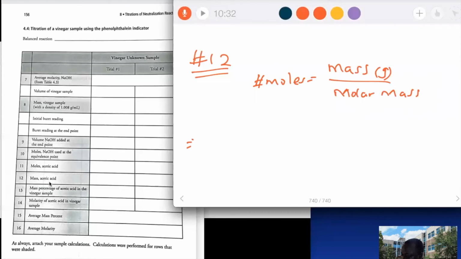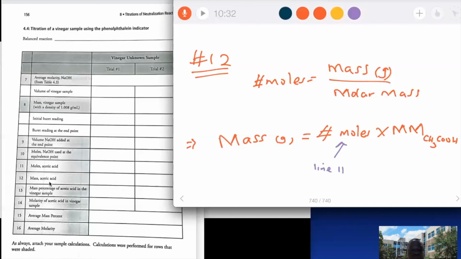This means mass in grams is given by the number of moles times the molar mass of CH3COOH. The moles are given from line 11.